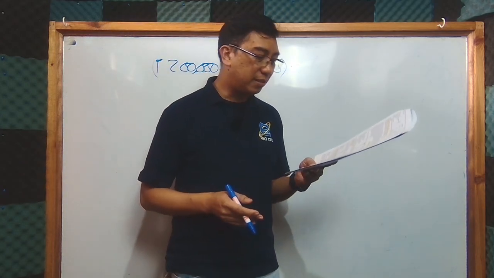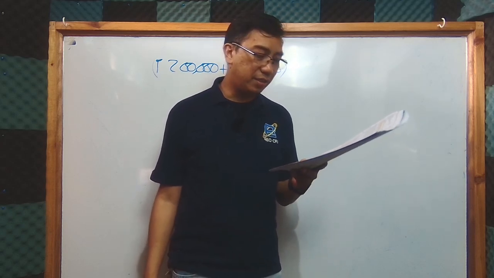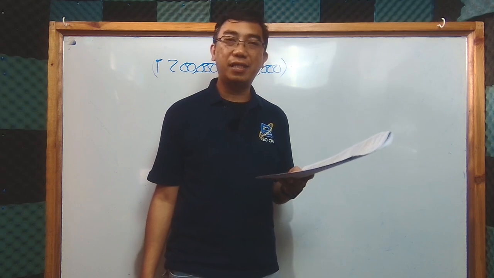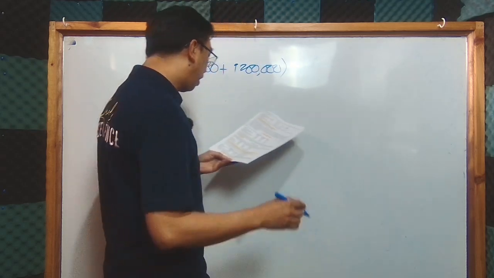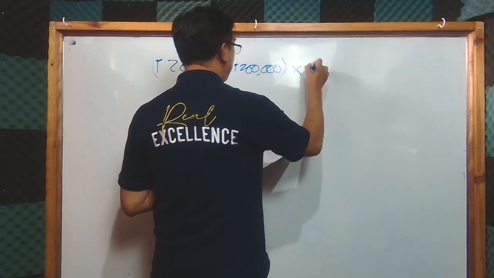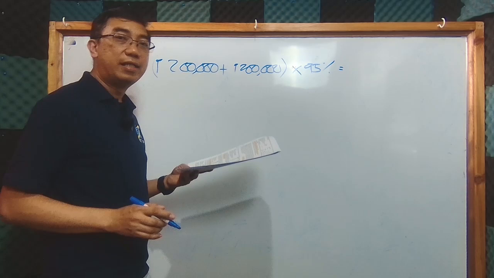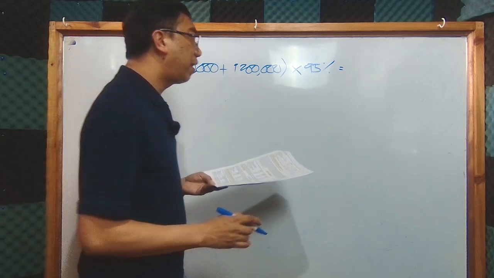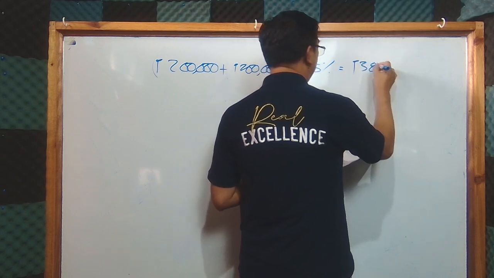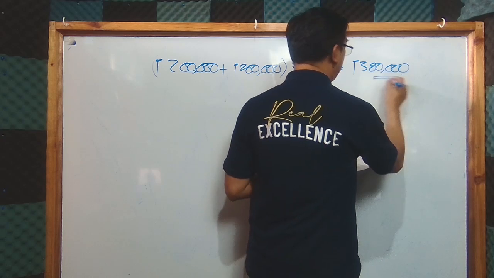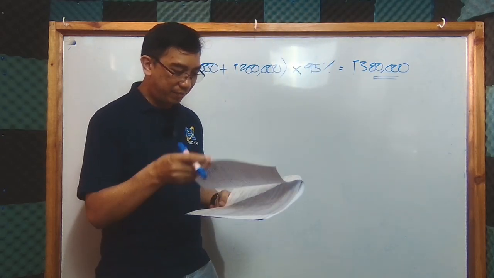If restaurant is discontinued, the contribution margin of merchandise and automotive combined will decrease by 5%, di ba? Magdi-decline ng 5%. So, ang naiwan na lang dito is 95% na lang. So, at 95% will give us how much? Okay? Ang combined contribution margin of the entire company after discontinuance of restaurant would be 380,000. Okay, class, answer, 380,000. Letter B. Okay, letter B.